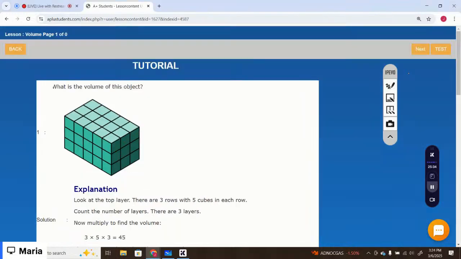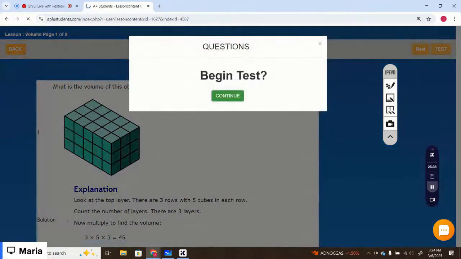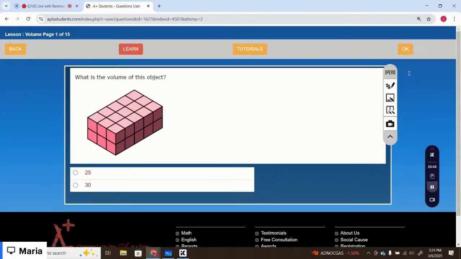Let's just start with the test questions. What is the volume of this object?